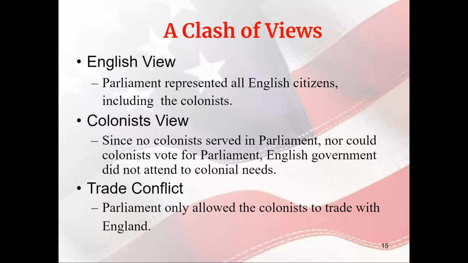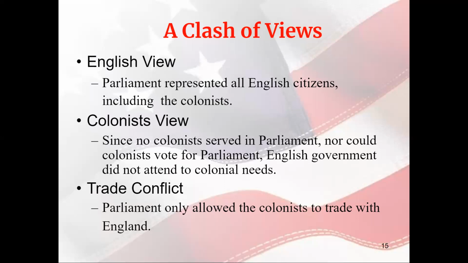In addition, there was also trade conflict. So Parliament only allowed the colonists to trade with England. That's the only country they could trade with. Do you think that is most lucrative for the colonists, to be able to trade with only England?